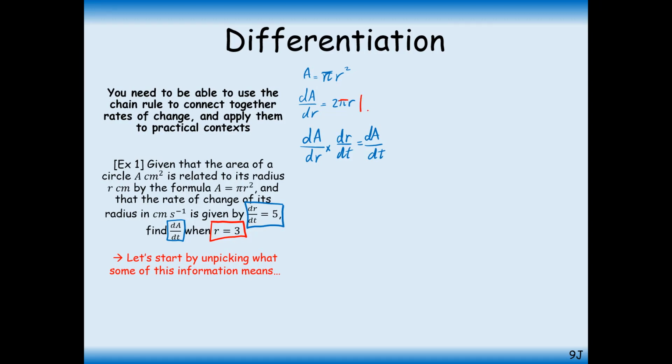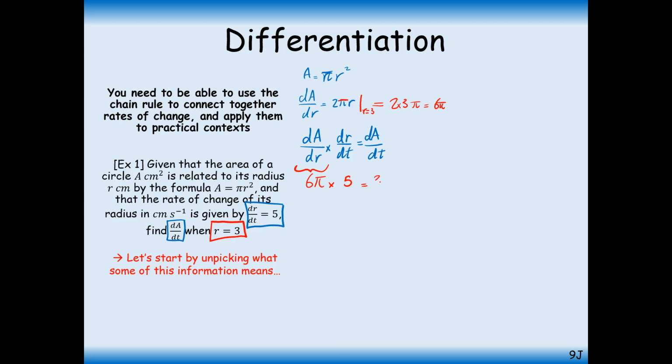So evaluate this expression when r equals 3, and that will give us 2 times 3 pi, which is simply 6 pi, and we substitute also dr by dt, which is 5 itself. So we have 6 pi for the very first term, and dr by dt itself is 5.